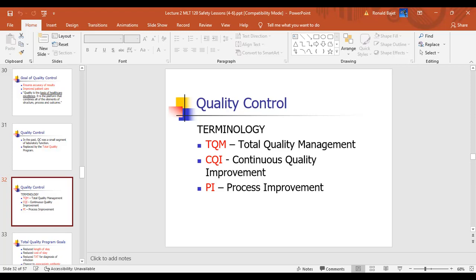Process improvement is another thing, where you're looking at new technology or better ways to do things. Looking at instruments that provide faster turnaround time, or instruments that can count reticulocytes, for example, a better way of reporting reticulocytes or nucleated red blood cells.